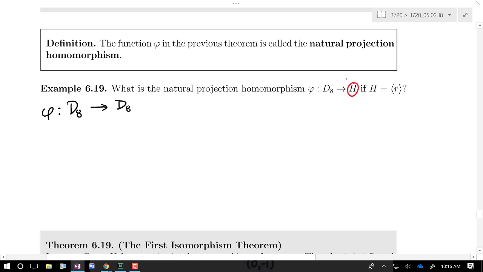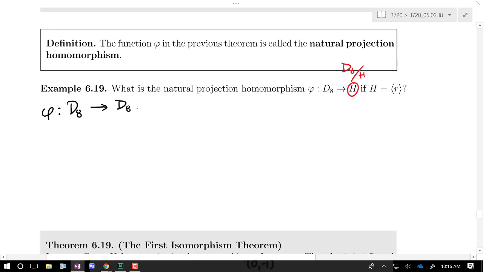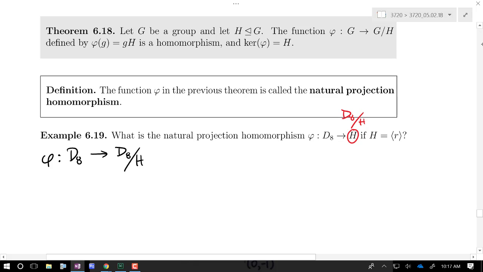Instead of saying it goes from D8 to H, it should be D8 mod H. So this says that the function should be defined in such a way that any element of G just gets mapped to its coset, right?